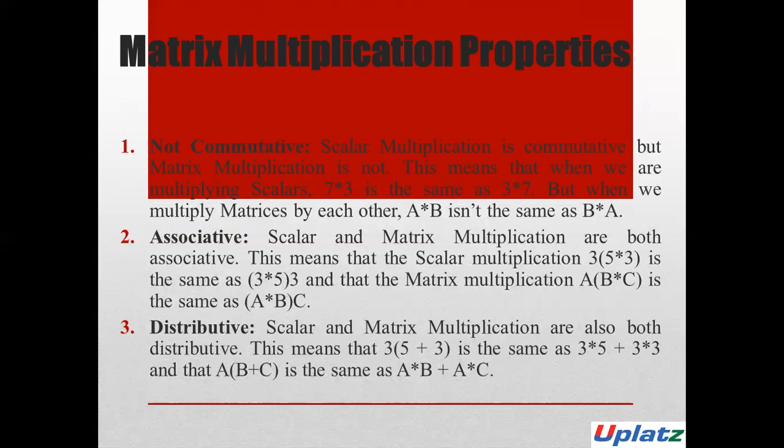And in case of matrices also, A multiplied by (B plus C) is the same as A multiplied by B plus A multiplied by C. So you can just see the slide again. The first property, it is not commutative. The second property, matrix multiplication is associative. Third property, matrix multiplication is distributive. All right.